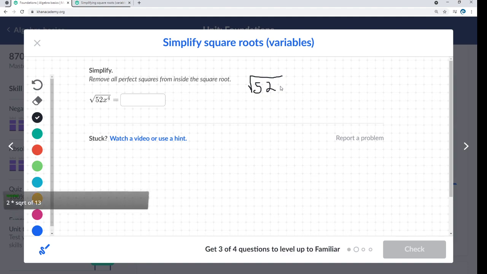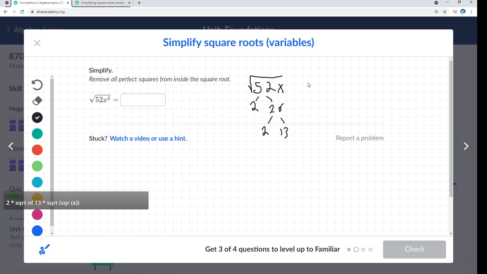52x divided by 2 is 26. 2 and 26. And then that was 2 and 13.